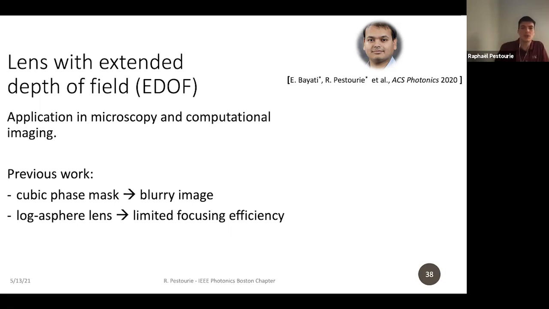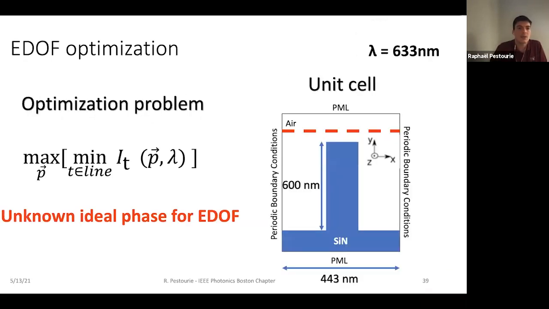So we wanted to try to do inverse design. And so here, the optimization problem is just to find the structure, the parameters, that maximize the minimum intensity on a line, really on a segment. And this segment is this elongated focal spot that you want to have your extended depth of field on.